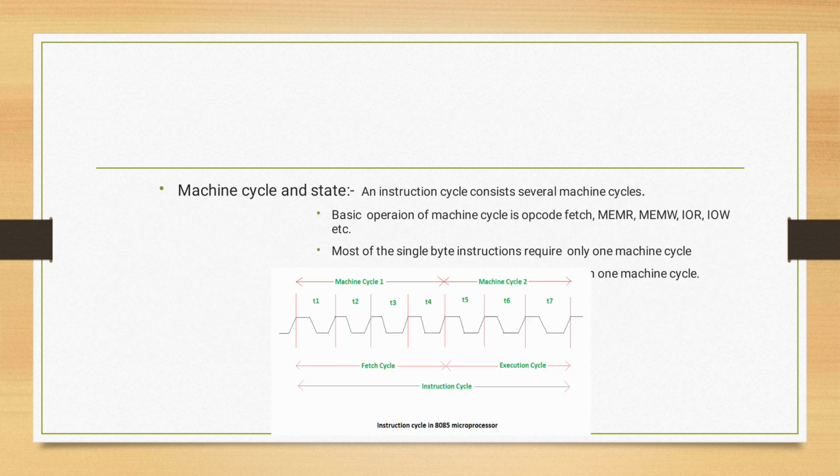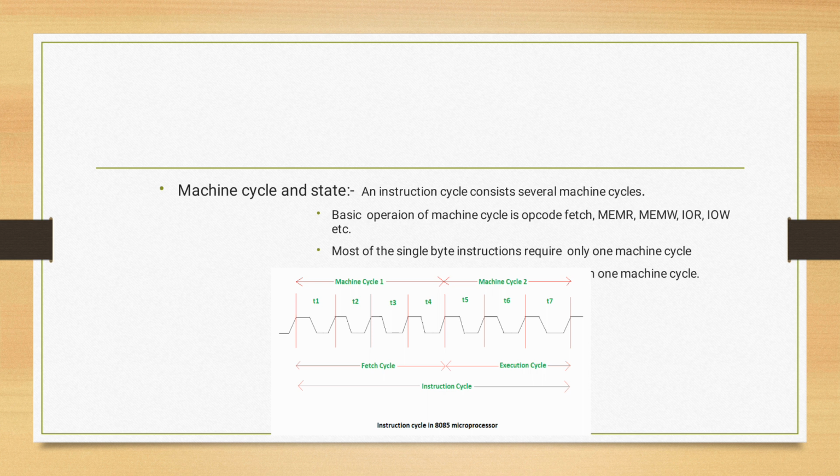Now in the next slide I am discussing the machine cycle and the T states. The necessary steps carried out to perform the operation of accessing either memory or an input output device constitute a machine cycle. I have discussed this already in the previous slide.